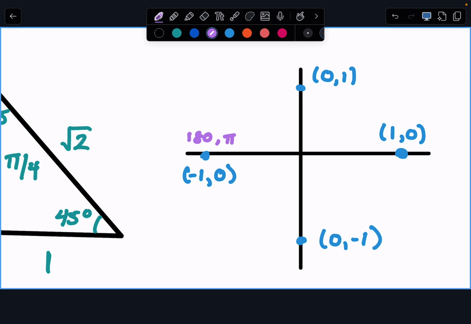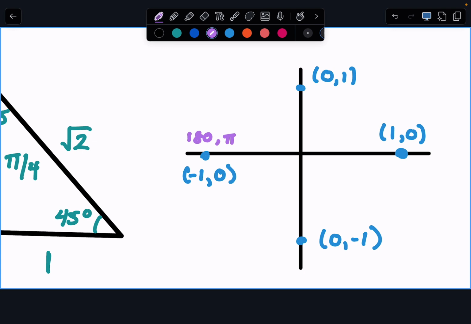If I gave you cosecant of 270. Cosecant of 270. We're right here. Okay? Cosecant is, what's the reciprocal? Sine. So we're going to do 1 over y. What is y? -1, so my answer is what? -1, right?